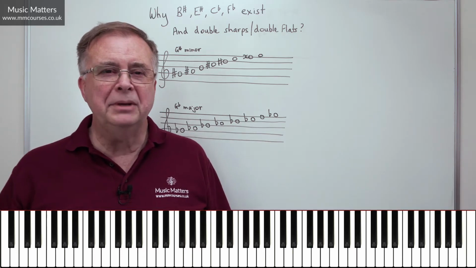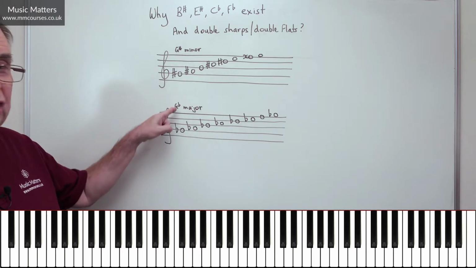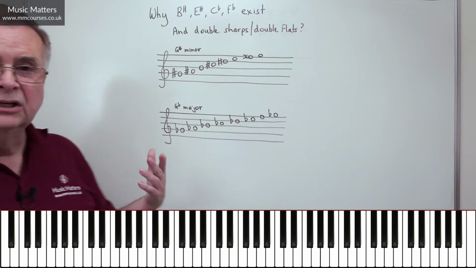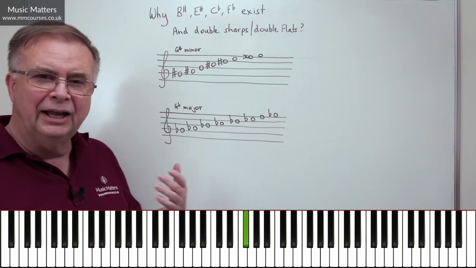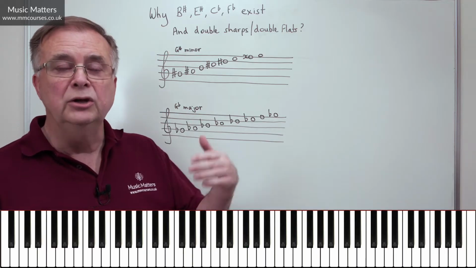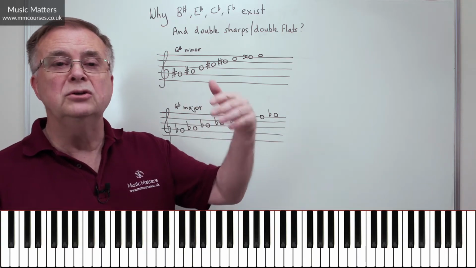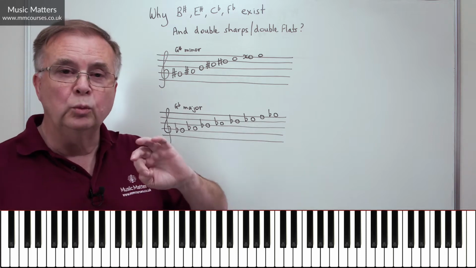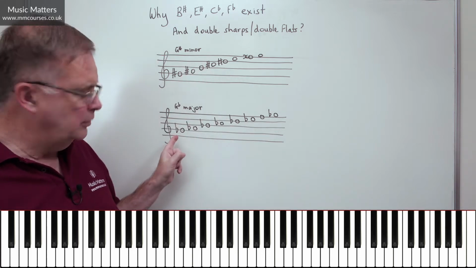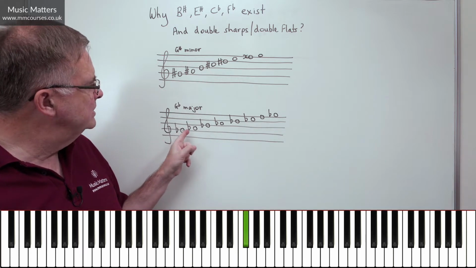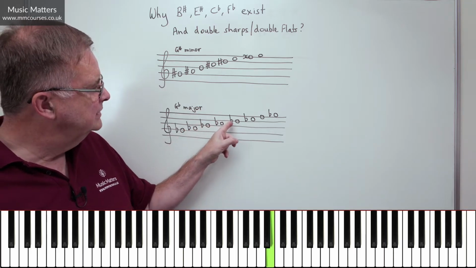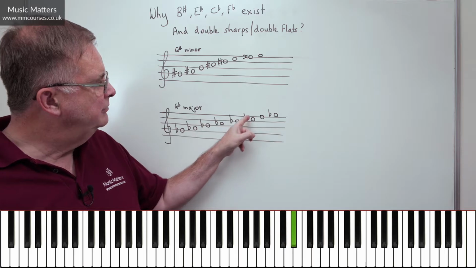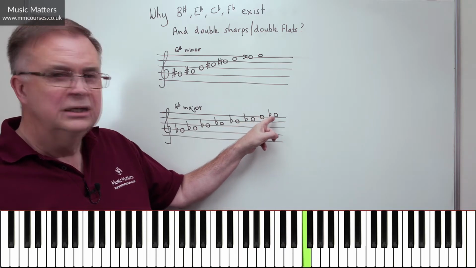However, if I'm in the key of G flat major, well, I'm not going to call the first note F sharp, I'm going to call it G flat. And if I go tone, tone, semitone, tone, tone, tone, semitone, and I want one of each letter, I end up with this scale that goes G flat, A flat, B flat, C flat, D flat, E flat, F, G flat.